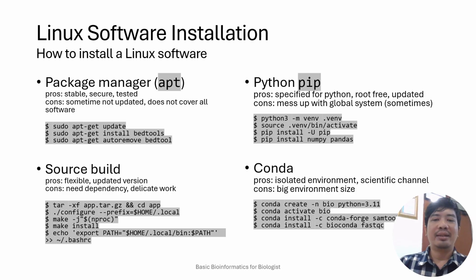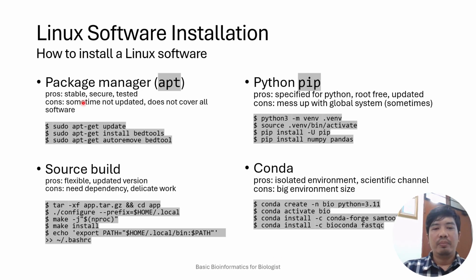There are many ways to install software in Linux, but here are the big four. The first is the package manager. It's something like Play Store or Google Play, but for Linux. Many software are deposited there, but not all.